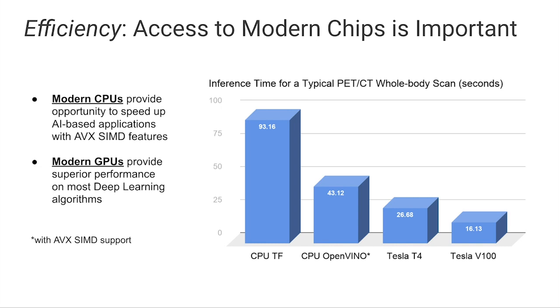But if you can get modern GPUs, for example, T4, which is an NVIDIA GPU, or a V100, even better, you can get even better performance from the baseline. So the conclusion is that access to modern chips, GPUs and CPUs, is very important to the speed and performance of these algorithms.